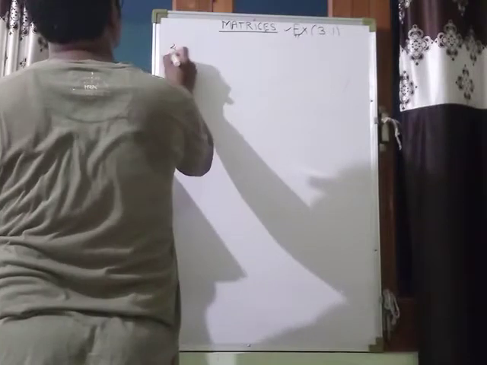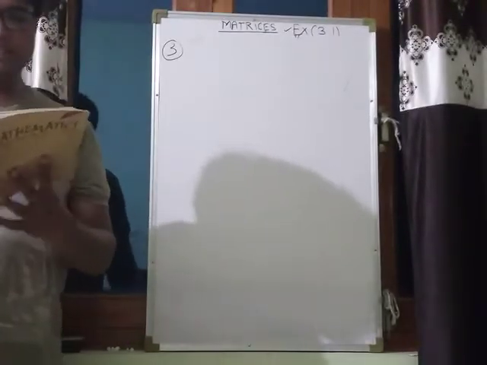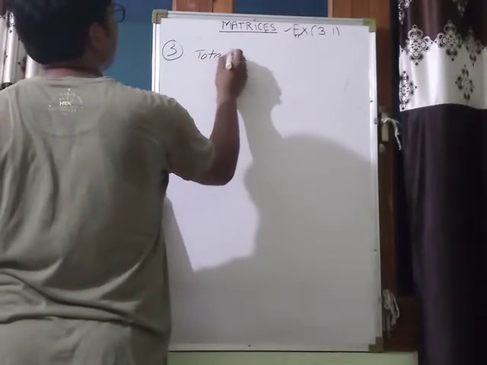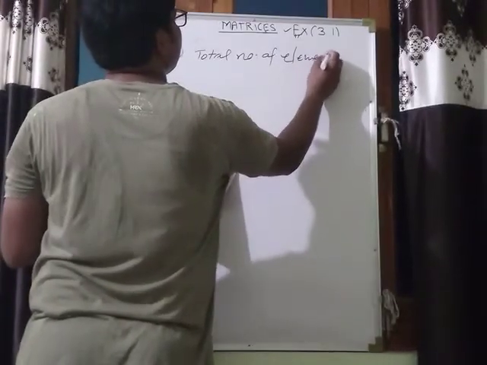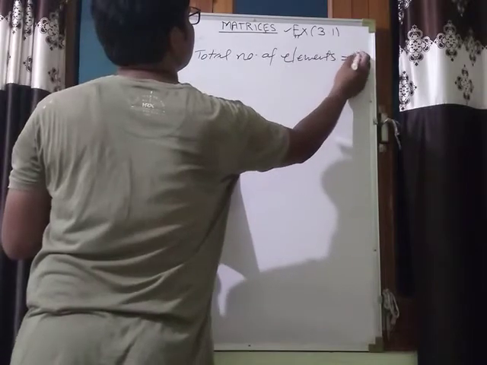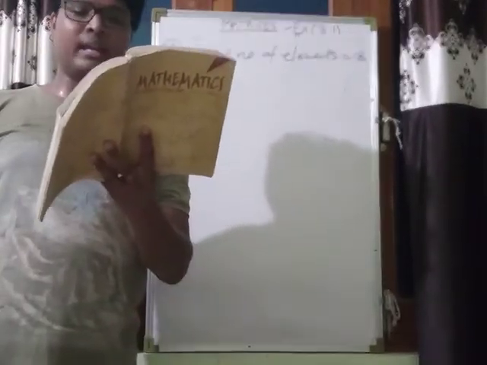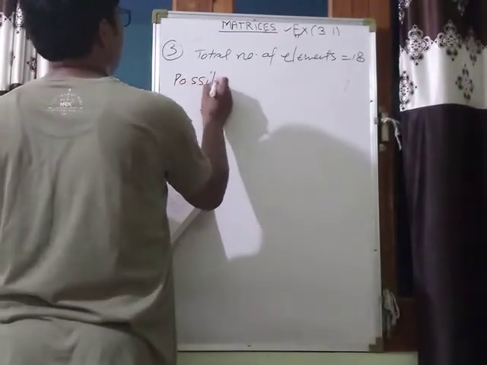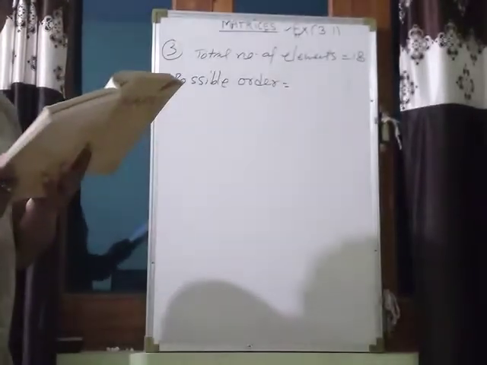Everyone read it. Question number 3 is: if a matrix has 18 elements, what are the possible orders it can have?